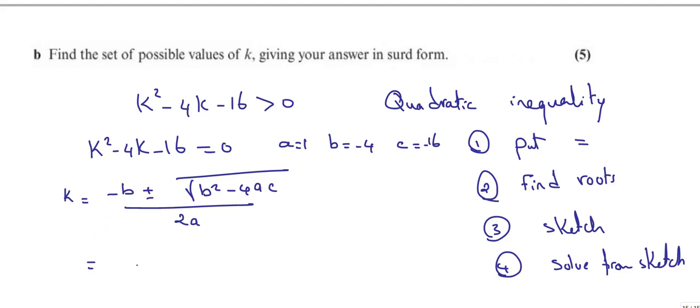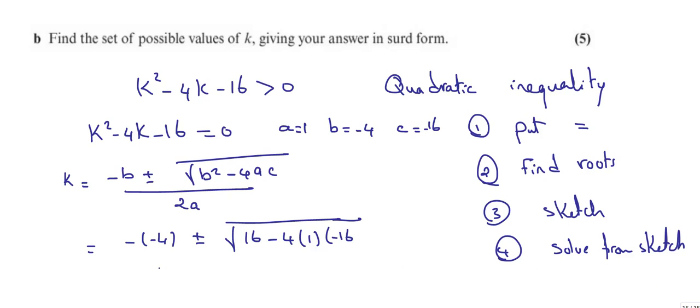Substitute, guys. So it's minus minus 4 plus or minus root of 16 minus 4 times 1 times minus 16, over 2 times 1. This is how you do it.